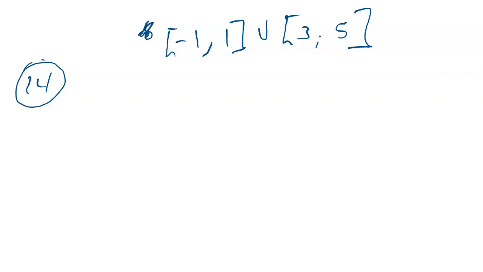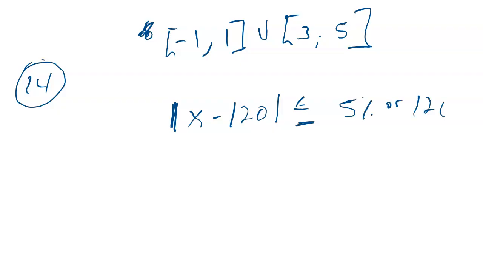I want to do this as an absolute value problem. I'm assuming the equation they want is that we want the distance from 120 to be less than or equal to 5% of 120.